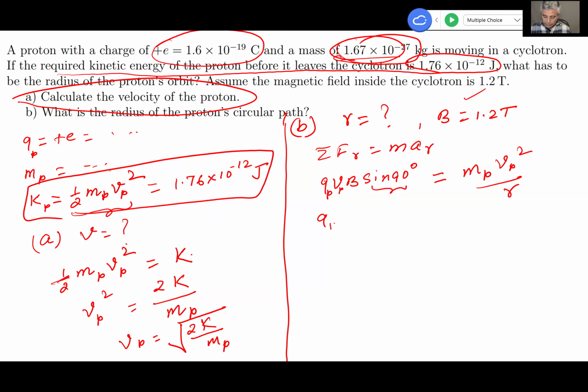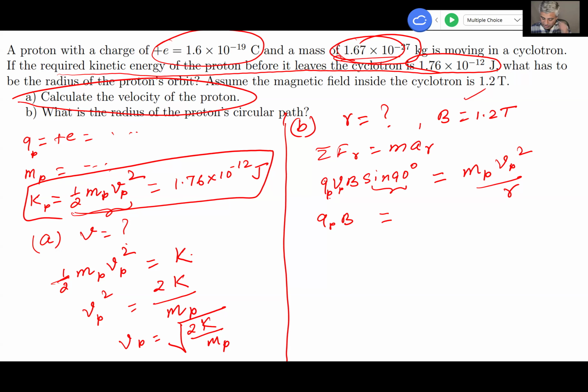q_p v_p B. One velocity goes away. So B and sine 90.